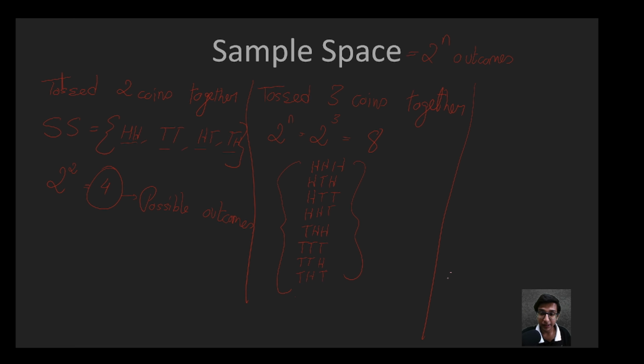So I'm repeating this again. If the same random experiment is repeated n number of times, then my total possible outcomes become 2 to the power n. Let me write it down for you.